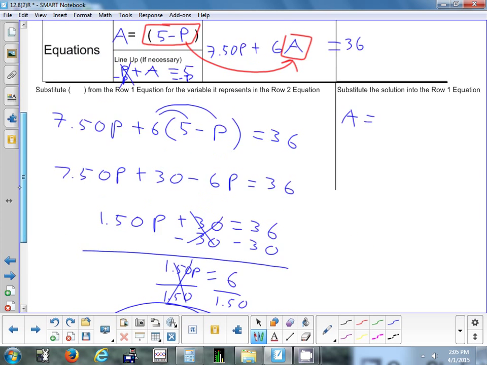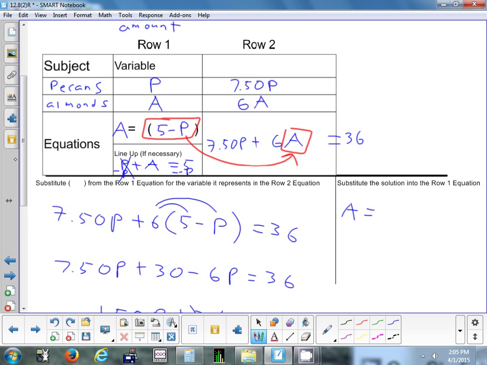P was 4. So what's my formula to find how many almonds I have? 5 minus 4. Guys, stay with us. So we get 1 what? 1 kilogram.